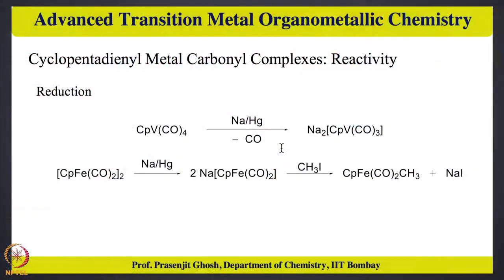So, with that, continuing further on this discussion, today we are going to be talking about the reactivity of transition metal cyclopentadienyl carbonyl complexes. One of the main things is the reduction of such complexes.